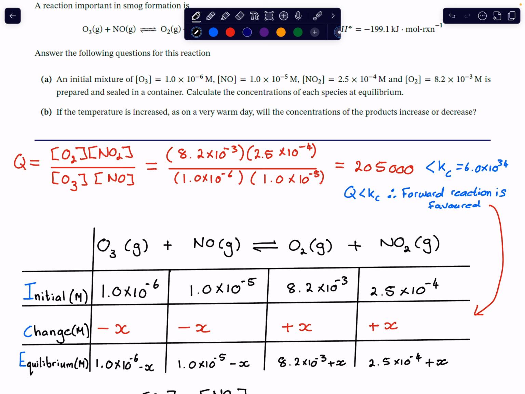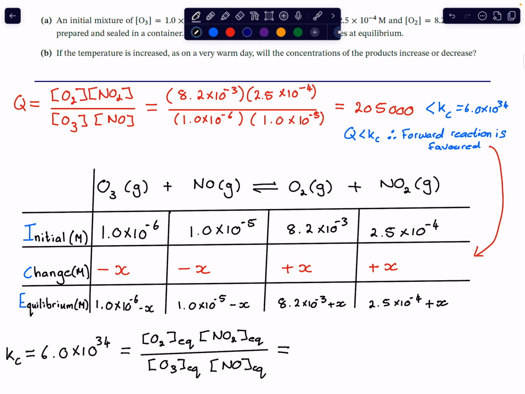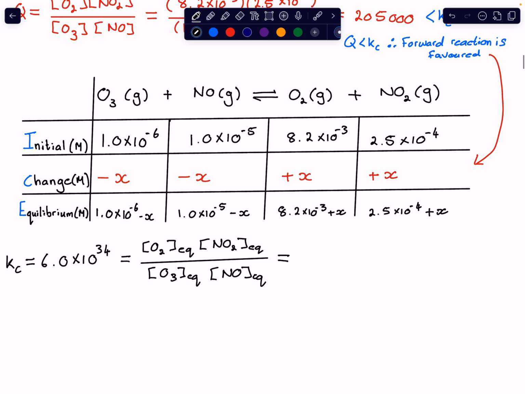Then to determine x we can use Kc. I've already written down Kc is equal to that big number and equal to that expression. Now that we have the equilibrium concentrations with x, we can substitute them in.